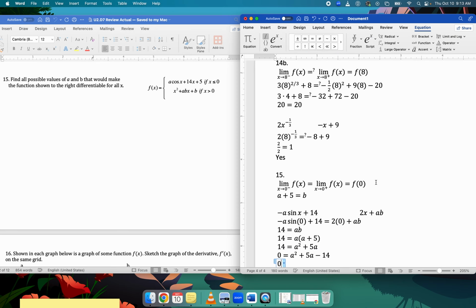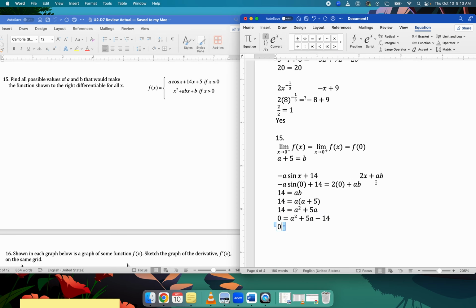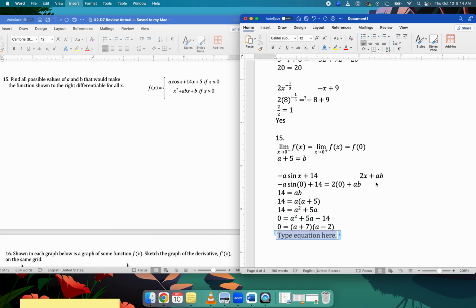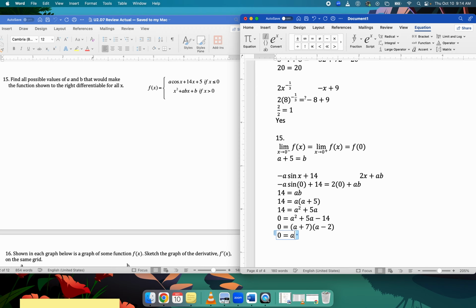So you're looking for a pair of numbers that multiply to negative 14 and add up to 5. That would be 7 and negative 2, so a plus 7 times a minus 2. So that tells me a is equal to negative 7, or a is equal to positive 2, right?